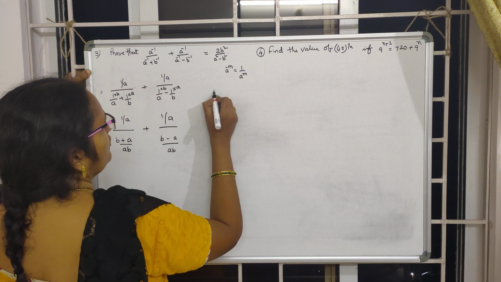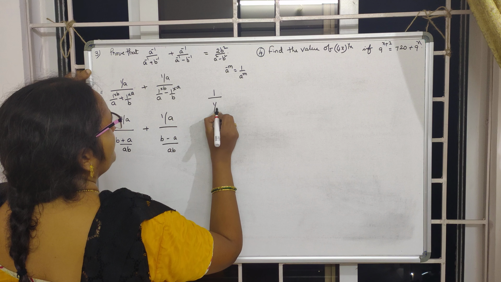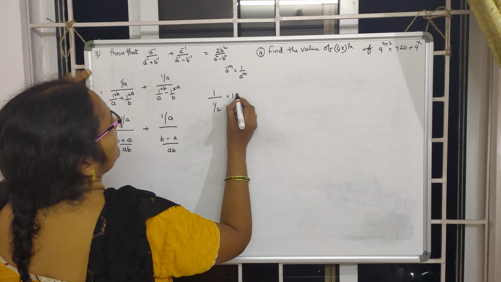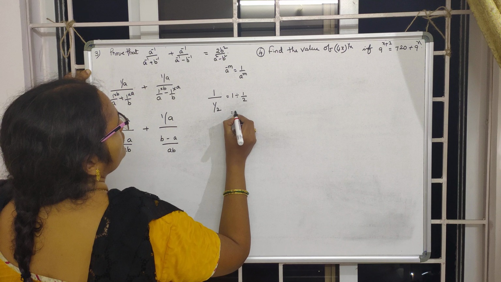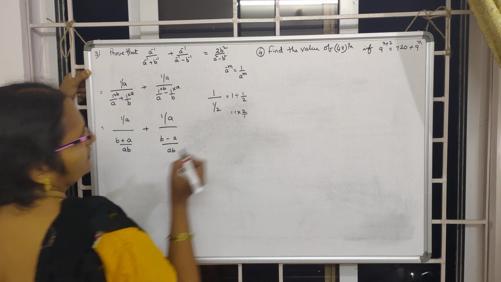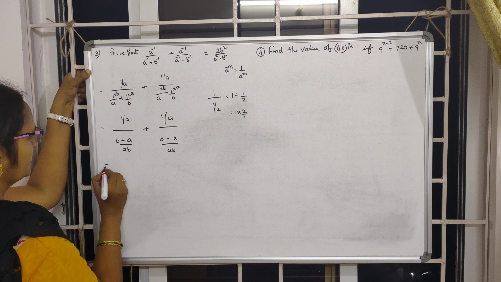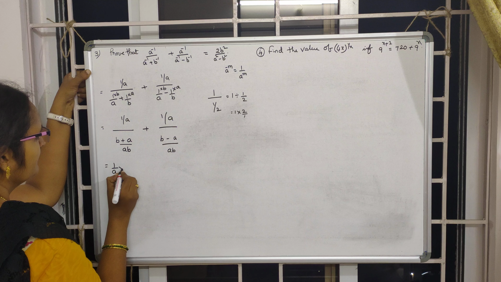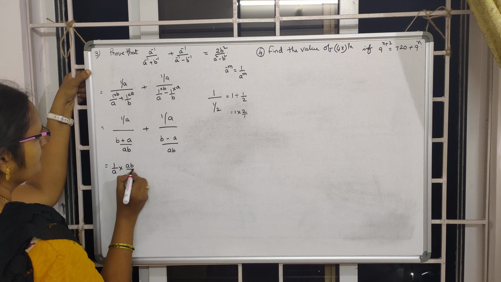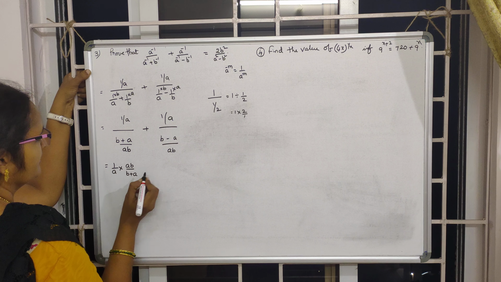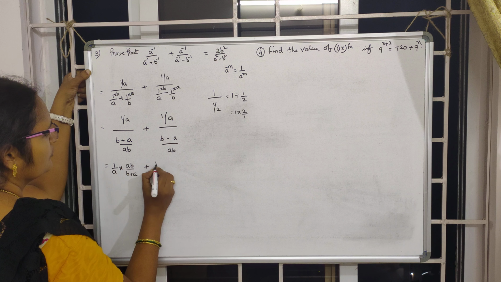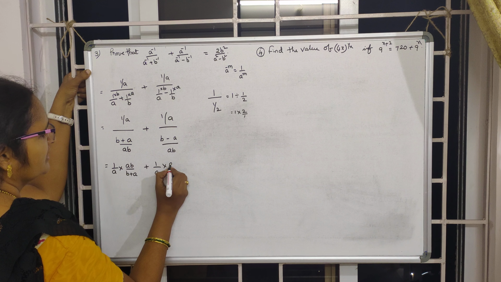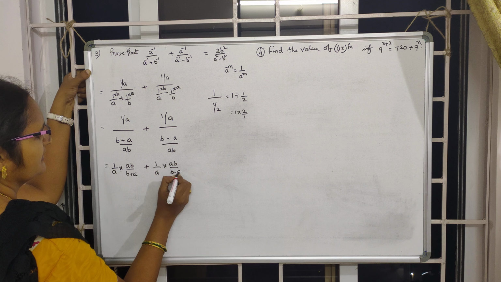We know that 1 divided by a fraction, we write as 1 times the reciprocal of this one. So this also I am writing in the same way. 1 by a times reciprocal of this fraction will become ab by b plus a, plus 1 by a times ab by b minus a.